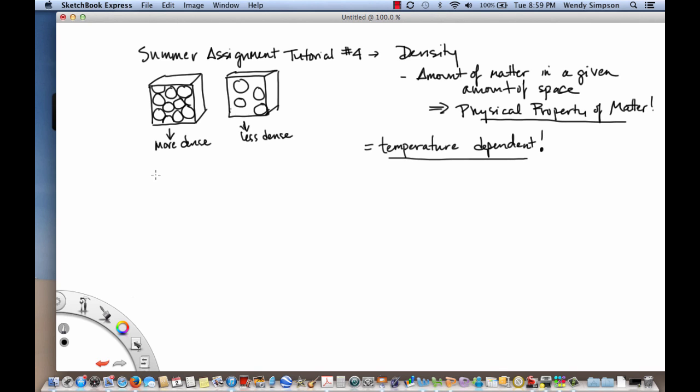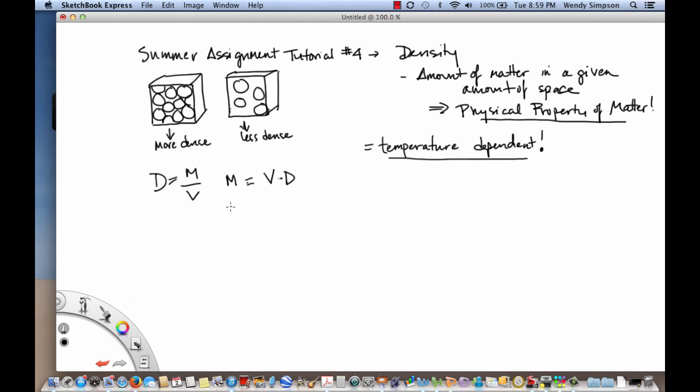What we have to remember though is the equation for density is mass divided by volume. It's the amount of matter, which is mass, in a given amount of space, which is volume. You should be able to algebraically manipulate this equation. If I want to solve for mass, I can multiply both sides by volume, canceling out volume and ending up with mass is volume times density.